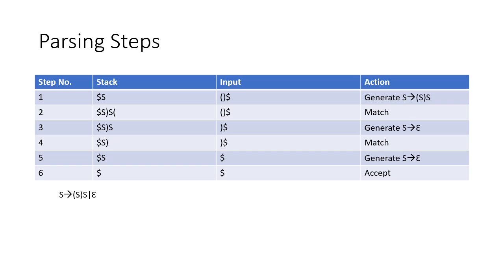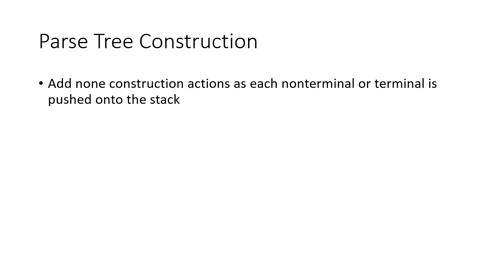But the output of the parser is also the parse tree. Along with the actions that we have here, we can include the parse tree construction steps also. This should not be none. It should be add node construction actions, as each non-terminal or terminal is pushed onto the stack.